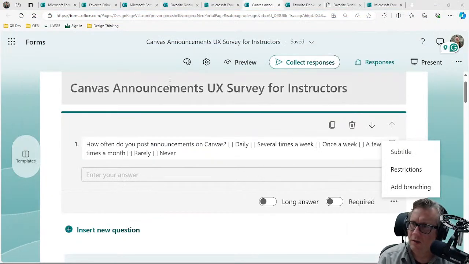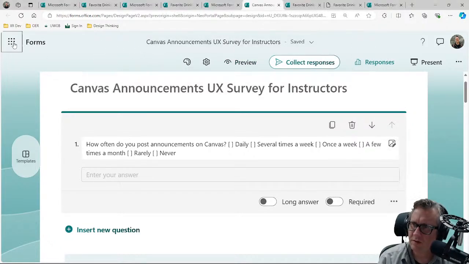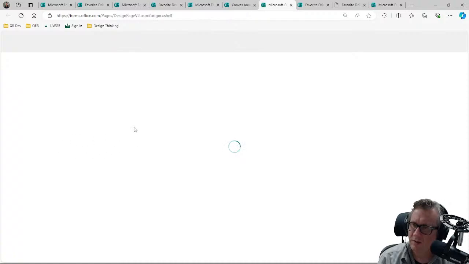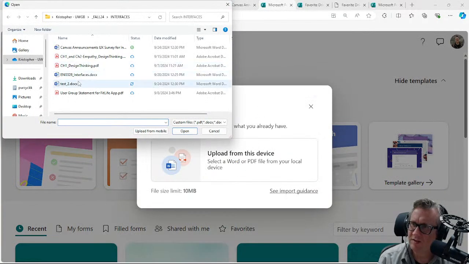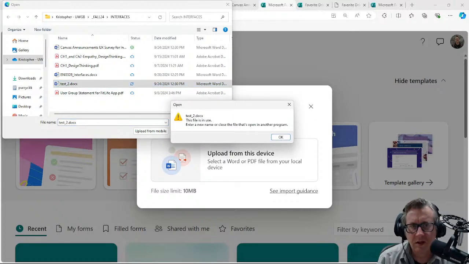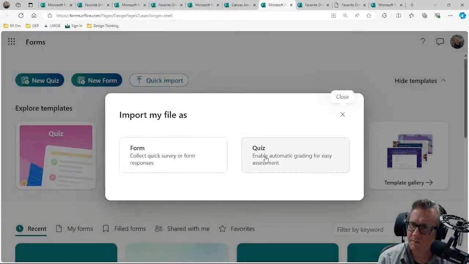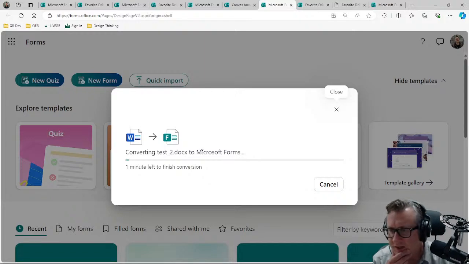All right, so let's go back to Forms. Let's try another one. Quick import, upload from this device, and do test 2. Oh, jeepers. Try it again. Let's just see how it does.